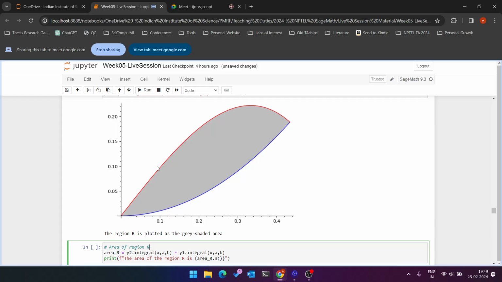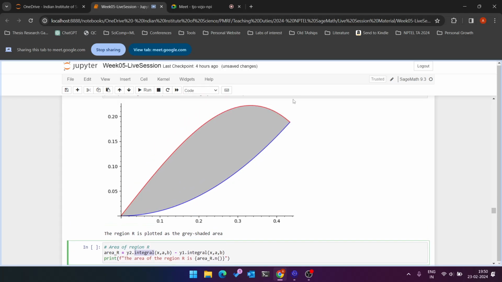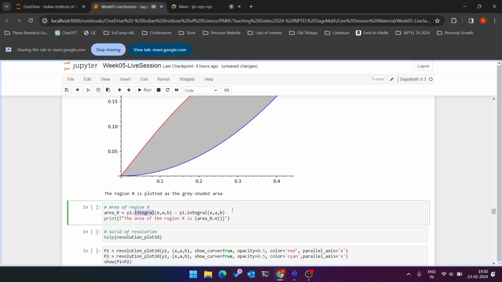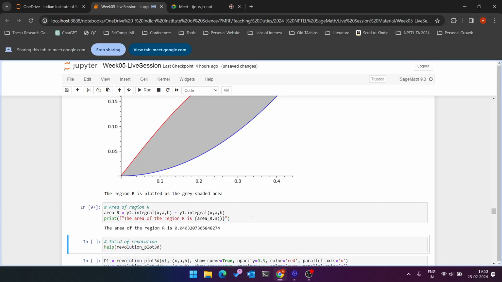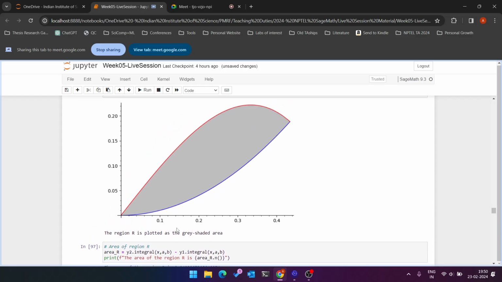Straightforward: you basically do y2 minus y1 integral over dx with the limits provided as a and b. So my area is basically integral of y2 from a to b minus integral of y1 from a to b. This is how, at least, I have coded it here. Once I run this cell, I obtain my area to be very small, about 0.04 to be precise.